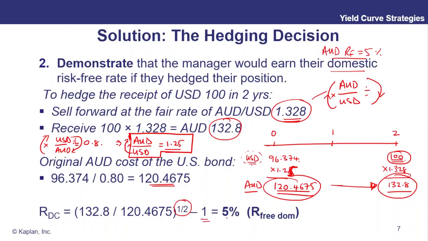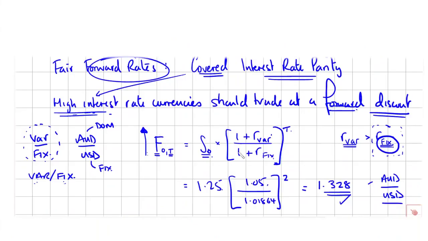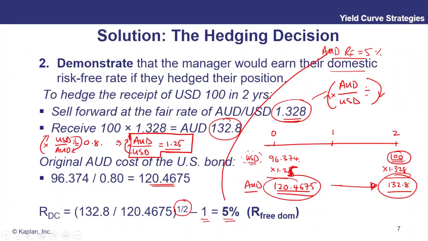Take the 1 off, and you're staring at your periodic return, which of course is the number we first thought of. This formula makes sure that the high interest rate currency trades at a forward discount, which is set by interest rate differential. So really we're just checking that we got the correct result when we use that formula.